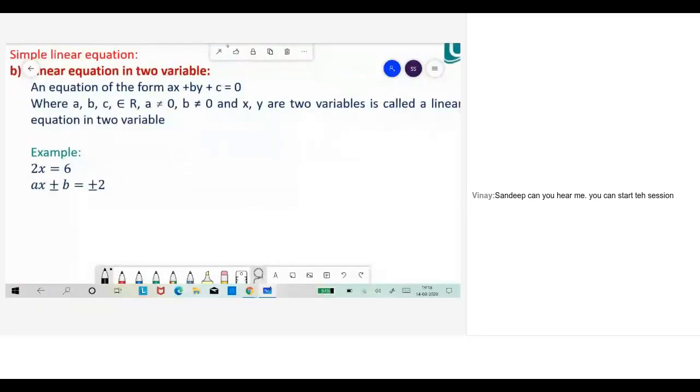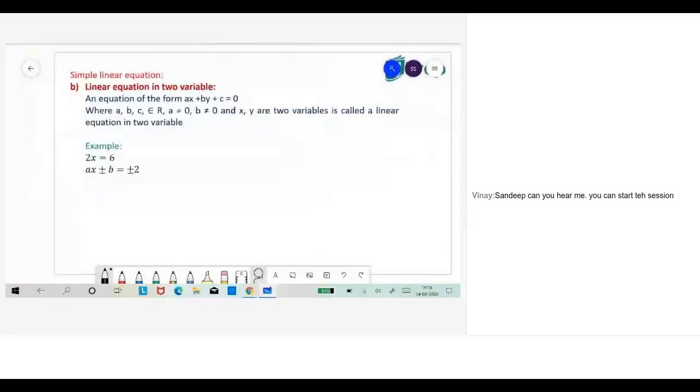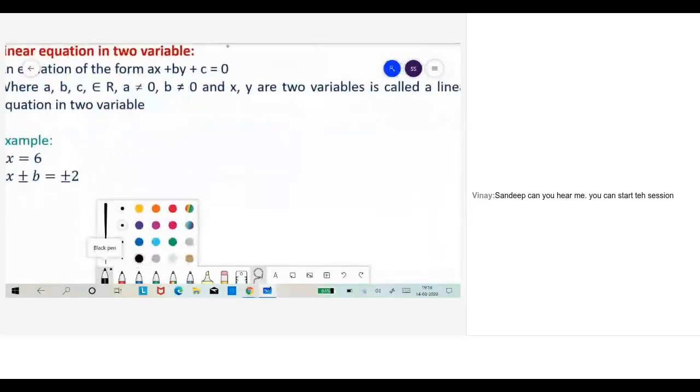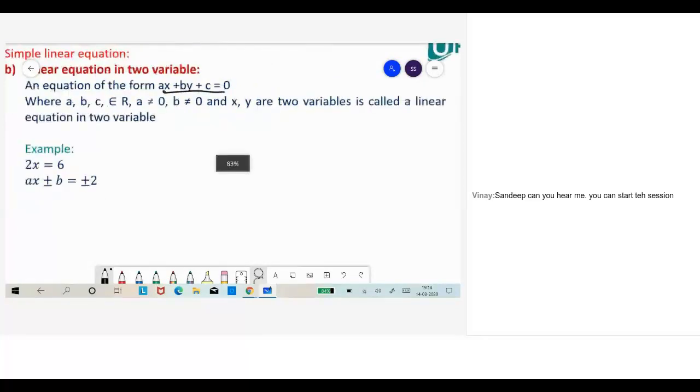Now, the generalized form of a linear equation. Take this. An equation of the form ax plus by plus c equals 0, where a, b, c belong to real numbers, a not equal to 0, b not equal to 0, and x and y are two variables, is called a linear equation in two variables.